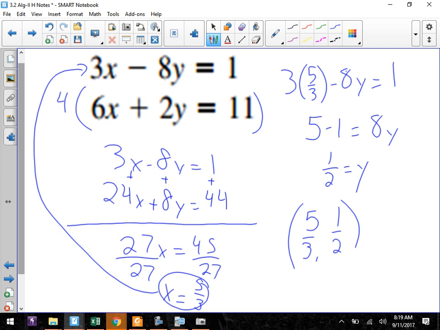Remember, guys, there's a lot of different ways. It's totally dependent upon what you see in terms of how you want to set it up. There's really never like a one-size-fits-all. I mean, if you want to substitute all day long, go for it. It's going to take you forever. All right? Linear combination stuff, pick a variable to eliminate.